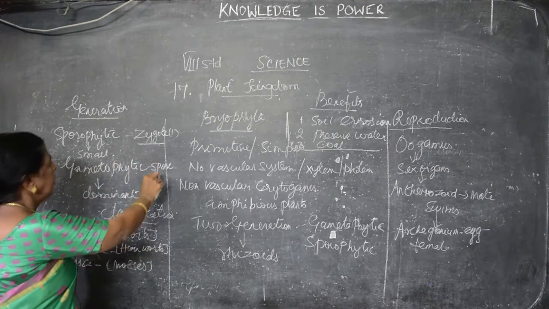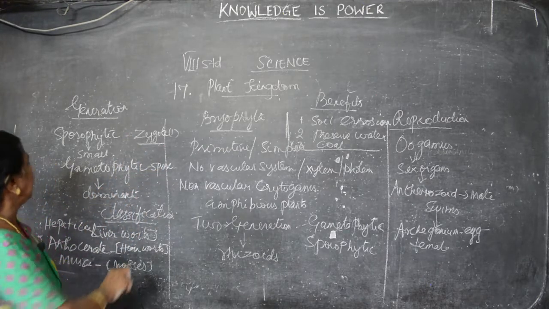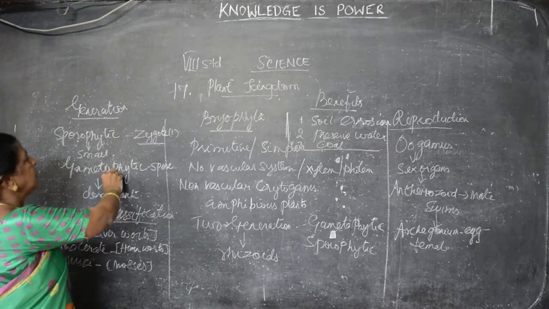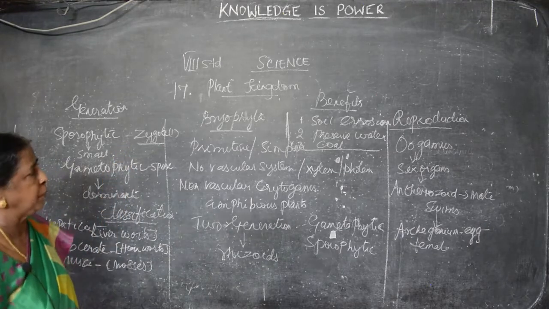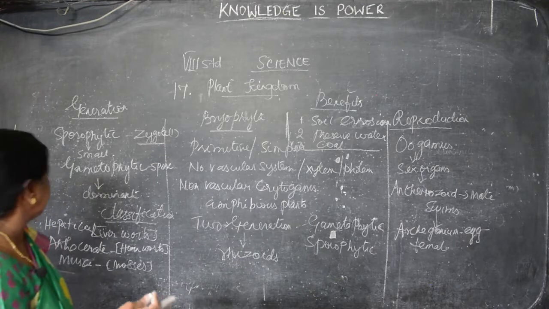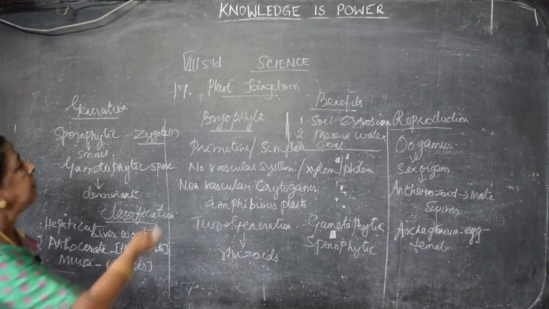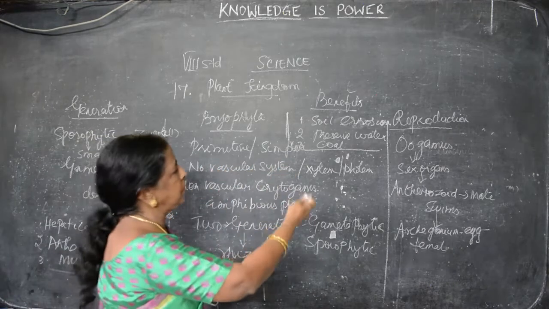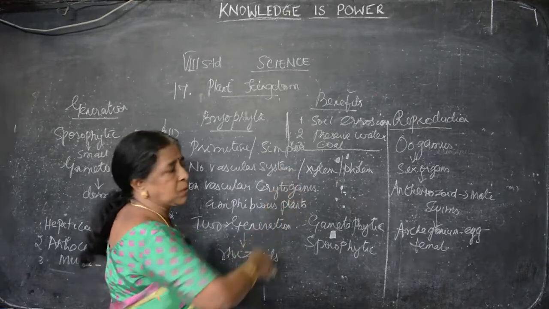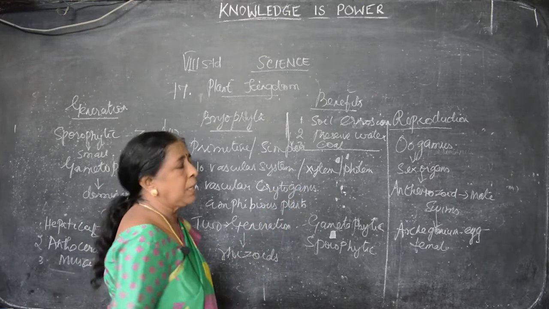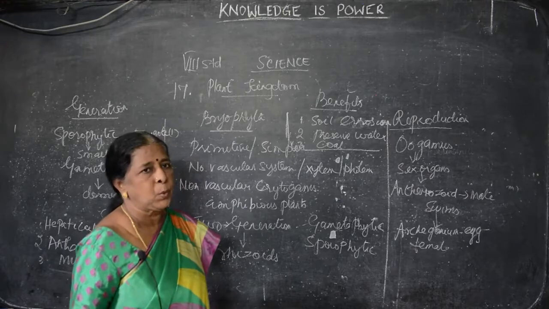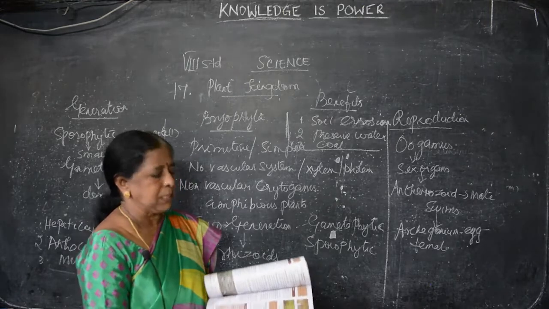Unless there is the gametophytic generation, there is no completion of the life cycle of bryophytes. There are three kinds of bryophytes. Uses, as I said already: prevent soil erosion, preserve water for other nursery plants, and peat, a kind of coal, can be prepared using bryophytes.